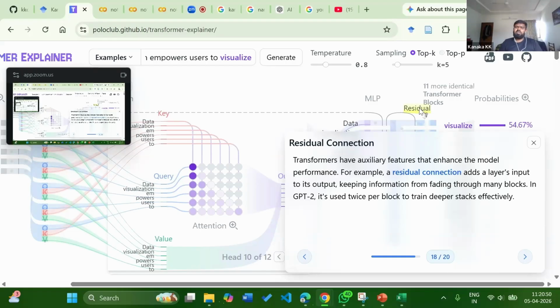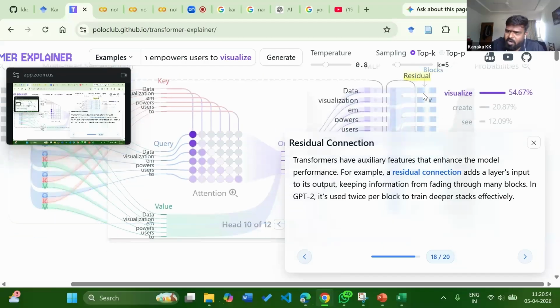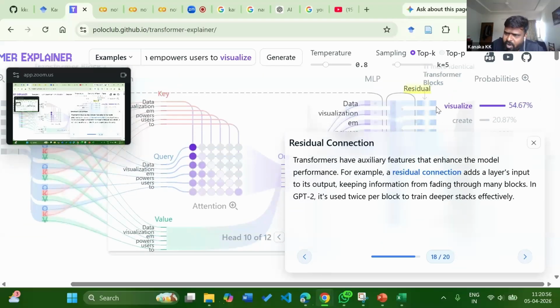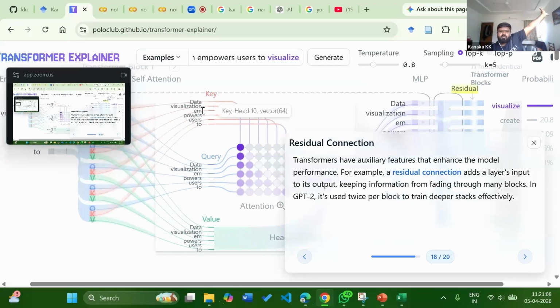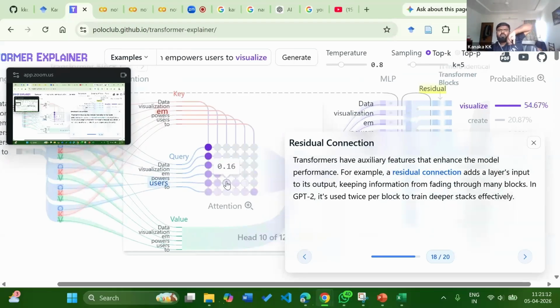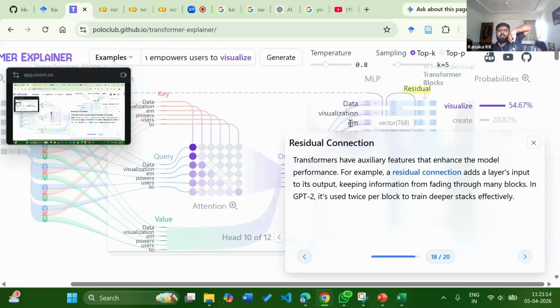Residual connection means that, while moving forward for prediction of the final output, these residual connections consider the input again. What was our input? Our input was the data visualization sentence, and after that we built a QKV matrix and concatenated all the vectors from multiple heads.